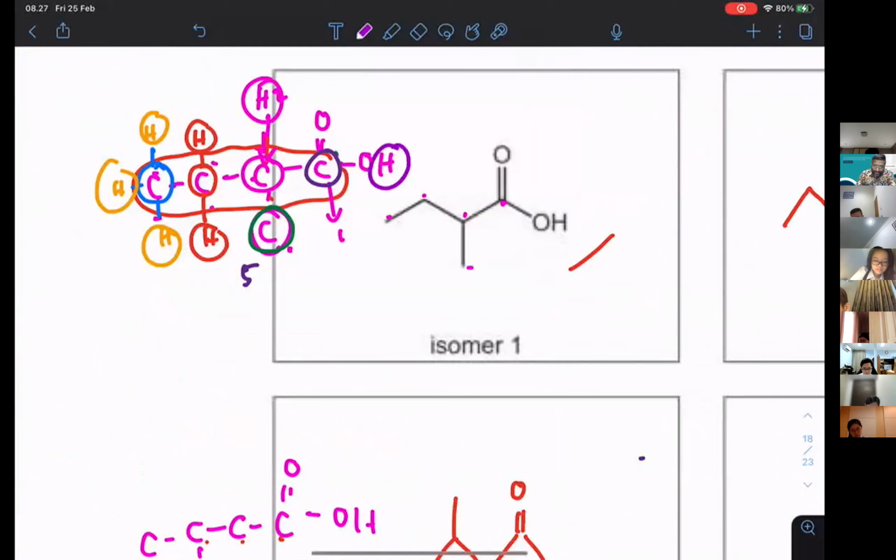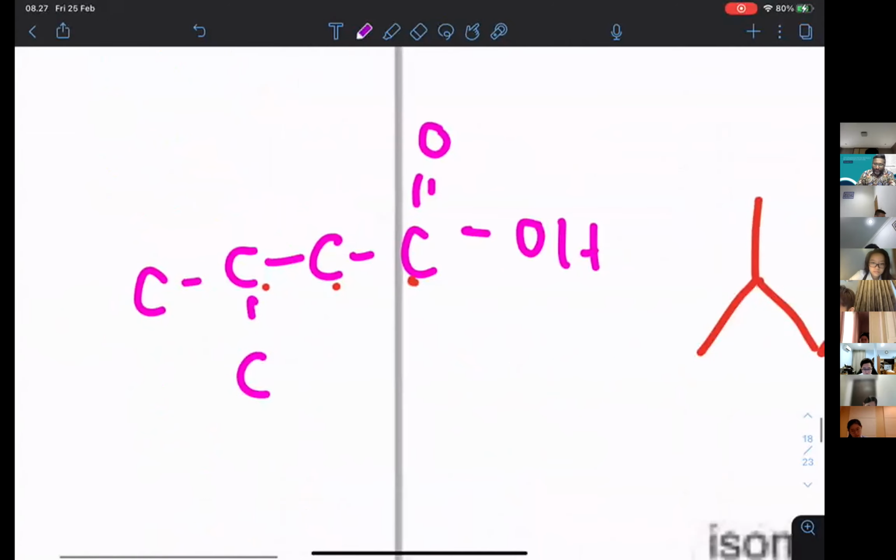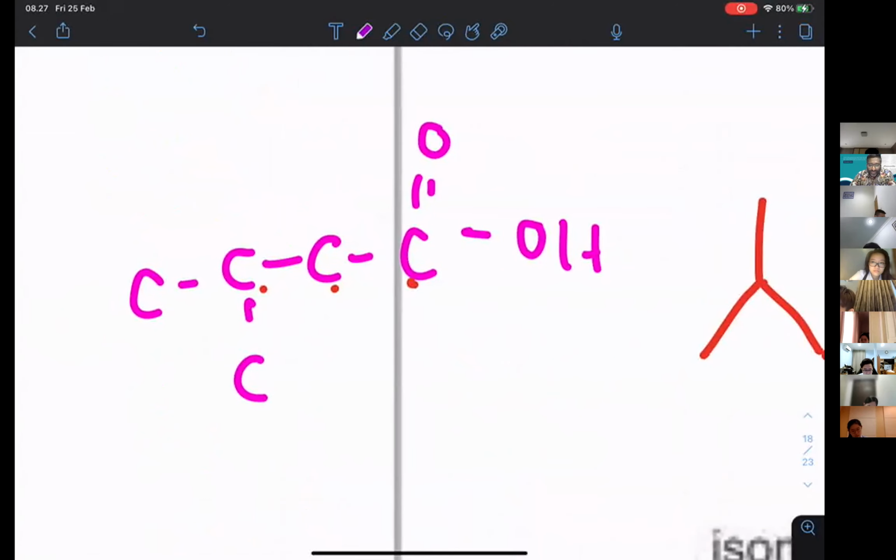Another 1 more environment. And then CH3 bonded to carbon, another environment also. So how many? 1, 2, 3, 4, 5. So 5. Let's try with this, most likely this one.